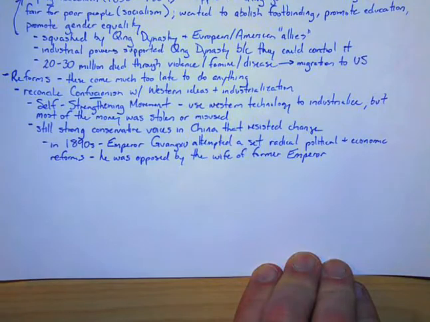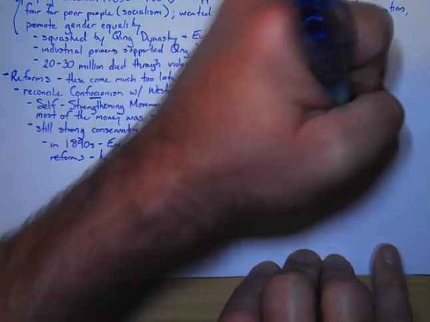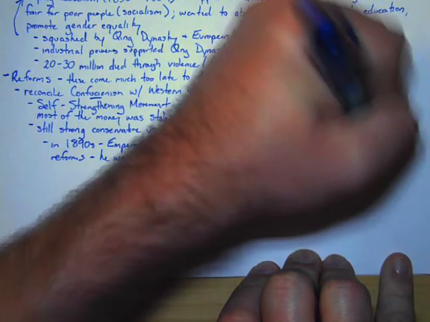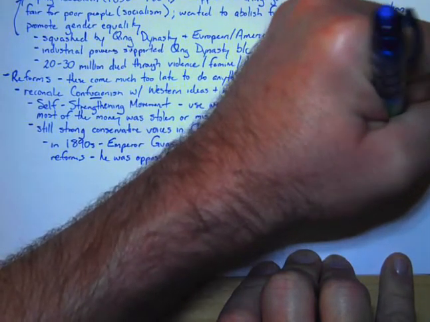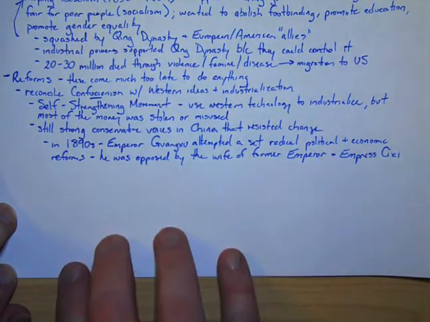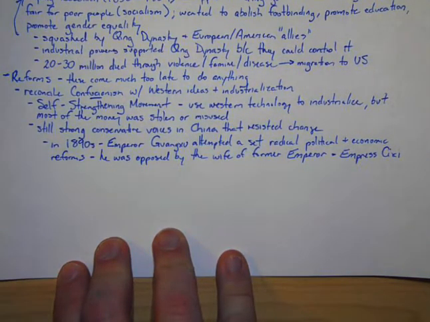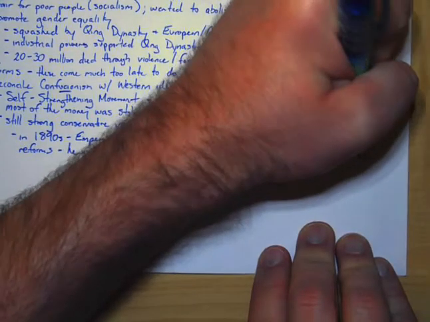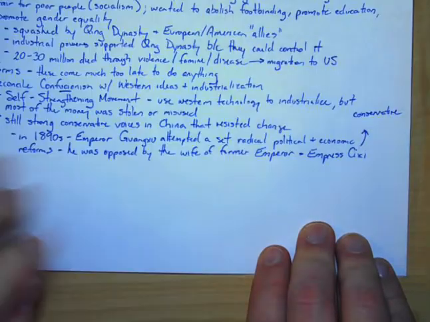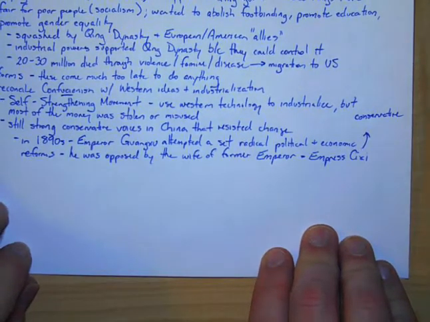I believe this was his aunt. And she was known as Empress Cixi. She was the main conservative voice. So she was really conservative. And Guangxu was liberal.